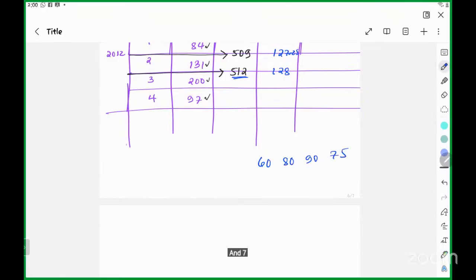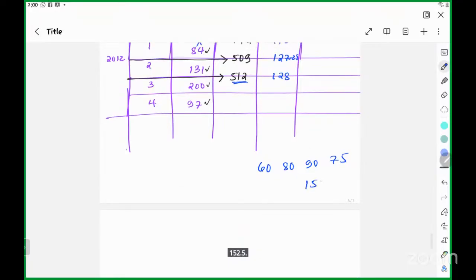What's the average of this? 60, 80 plus 90 plus 75. 152.5. That's the average.